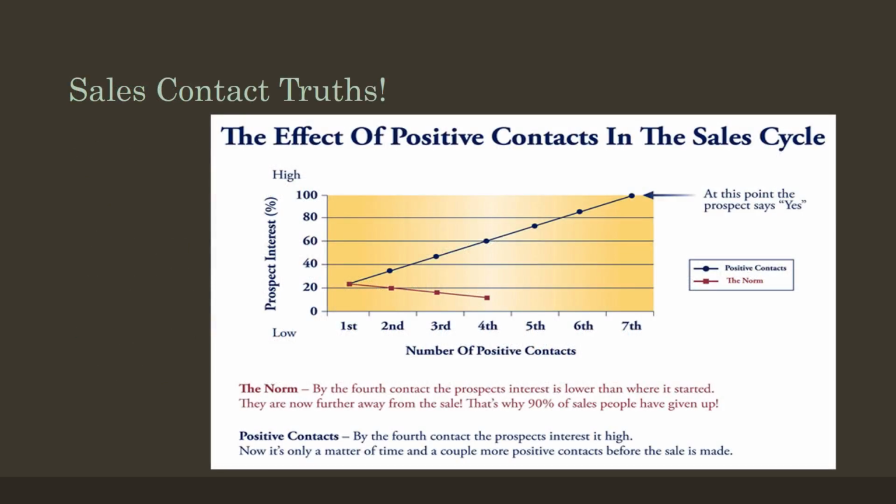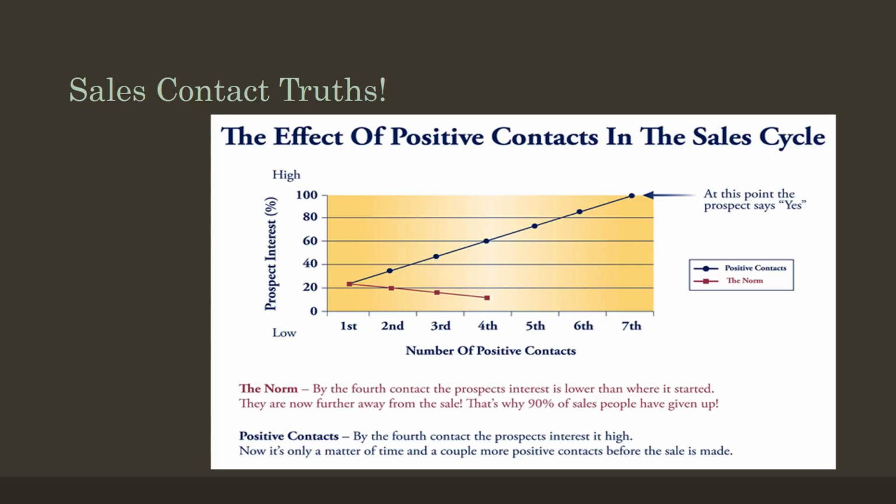So let's look at some just general truths about sales contacts. If you contact somebody once, and no matter what the marketing is, you have about a 20% chance, and probably even lower, of them being interested in your product. If you give them value, which means giving them positive contact, and as many as 7 times, your prospect will probably say yes.